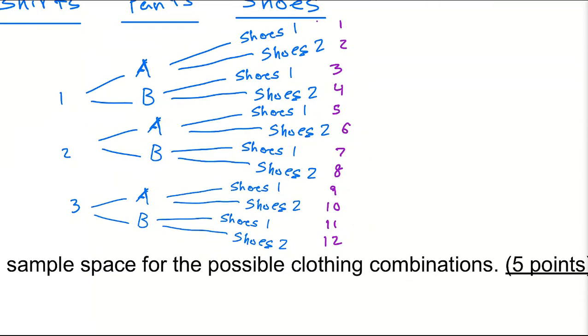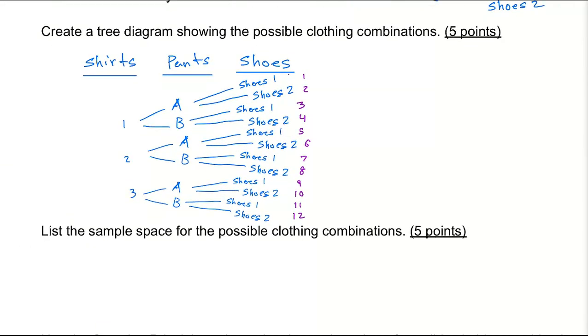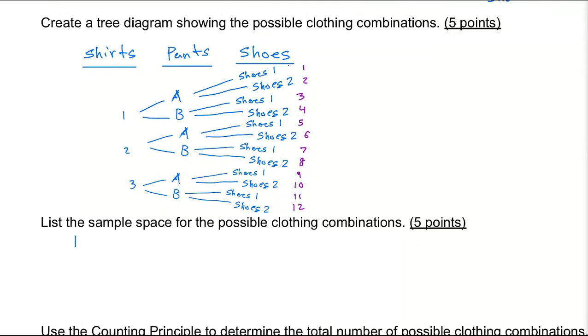All right. And then we have to list the sample space. So it would be like 1A shoes 1. Whatever, we can just list 1A shoes 2, 1B shoes 1, 1B shoes 2.